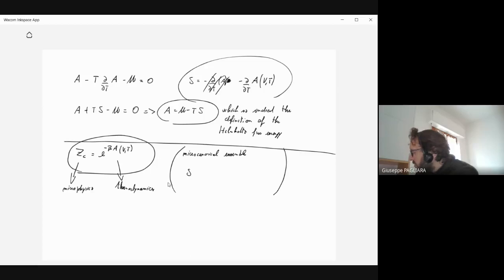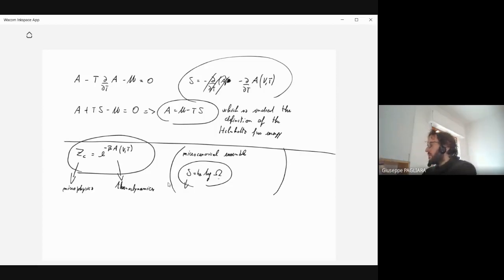It was the relation between the entropy and the number of microstates, so the Boltzmann entropy. Also in this equation, we have the entropy, which is a thermodynamical variable, and here we have the microphysics content. In the canonical ensemble, we have the canonical partition function, and then we have the Helmholtz free energy instead of the entropy. Okay.